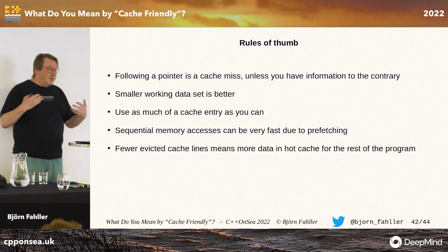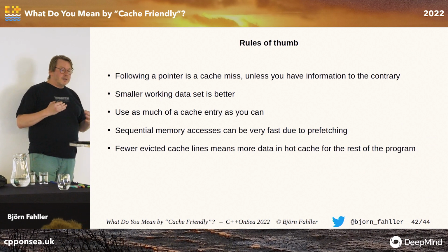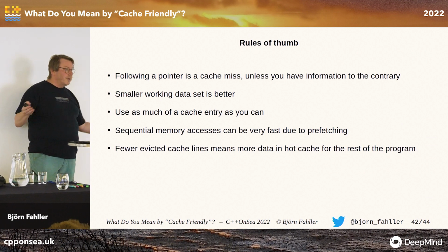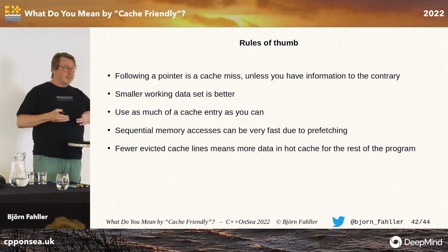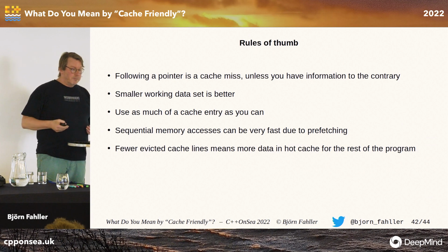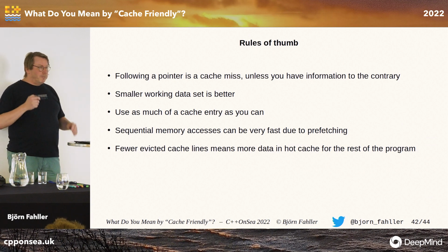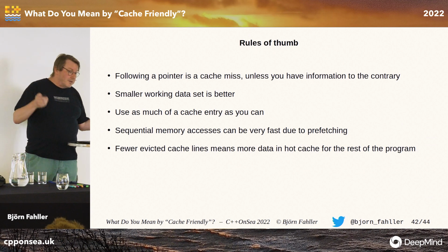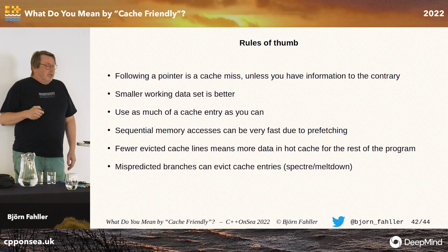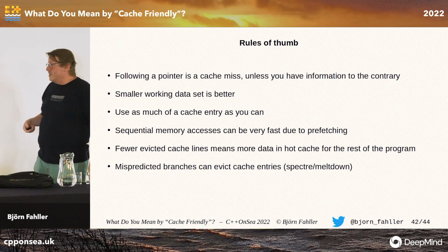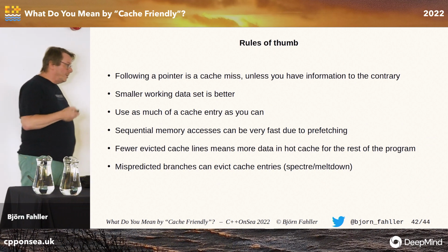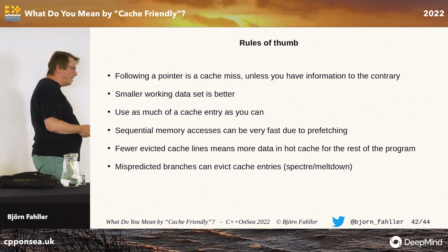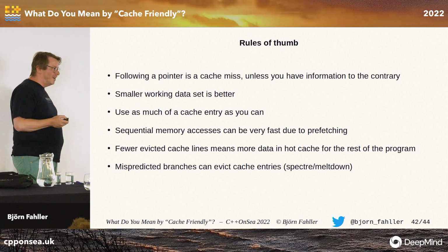But as I mentioned also, fewer evicted cache lines means more data in hot cache for the rest of the program. Depending on what your program is and what this structure is that you're massaging the cache with, this may be super important, or it may be not important at all. It depends. You have to know your system. And mispredicted branches can evict cache entries if you have an older CPU, and you can get extremely hard to understand results from cache profiling if you do.